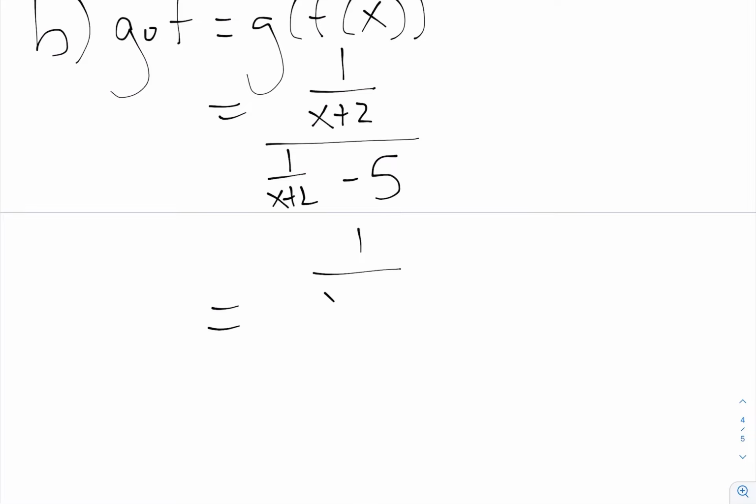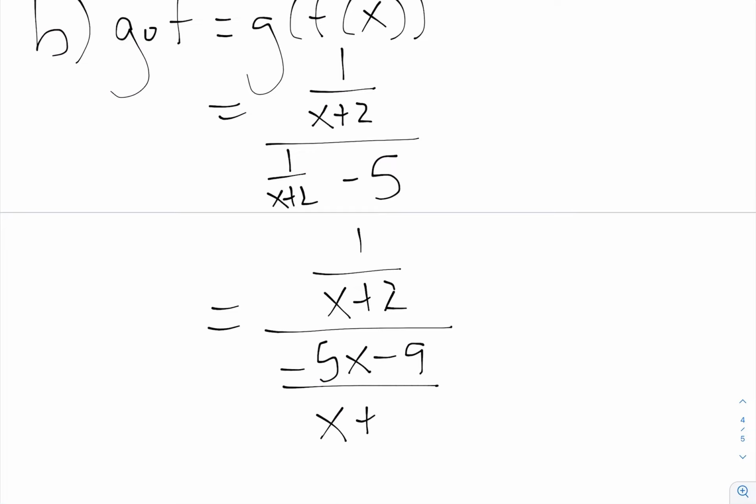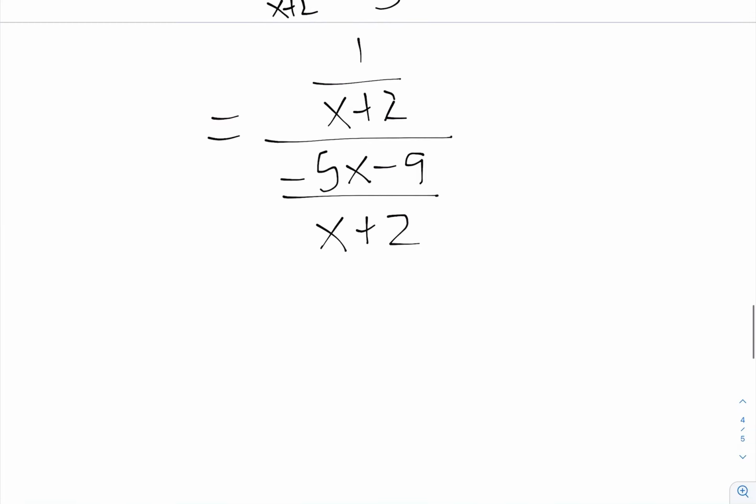So 1 over x plus 2 over negative 5x minus 9 over x plus 2. Now remember, if we have a fraction divided by a fraction, we bring this out, flip it, and multiply it. The x plus 2's are going to cancel, and we're just going to get 1 over negative 5x minus 9.